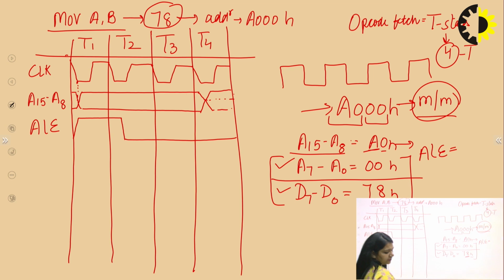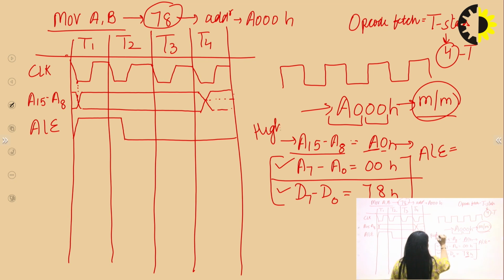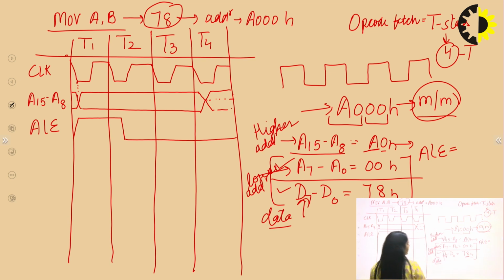When the value of ALE is 1, the multiplexed address data bus will be carrying the lower order address. So this is our higher address, this was our lower address, and this is my data bus. Three things are there.